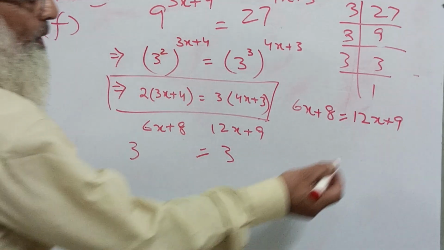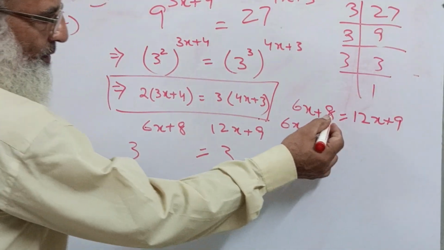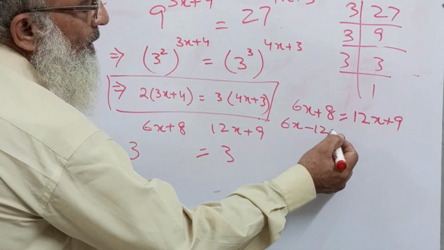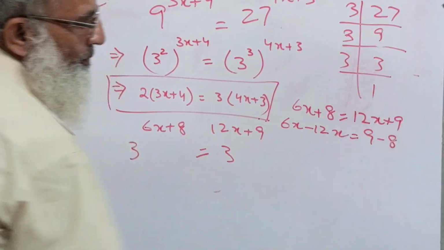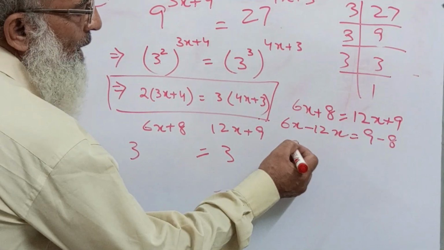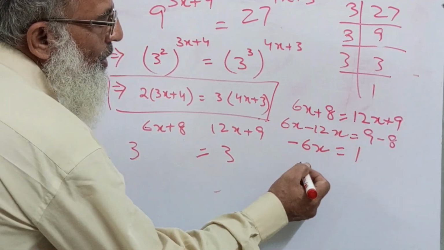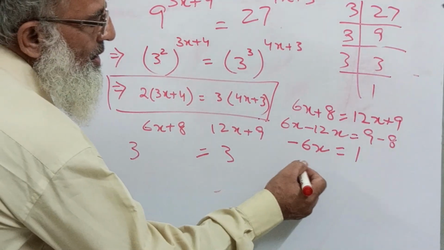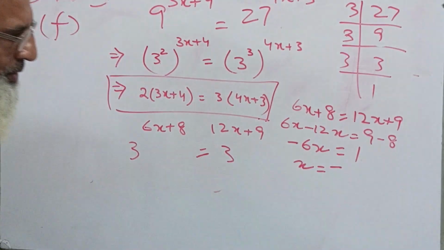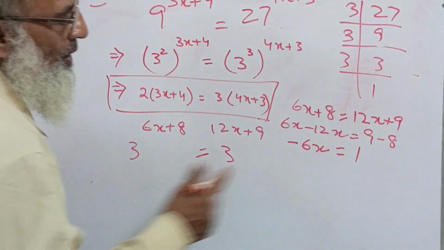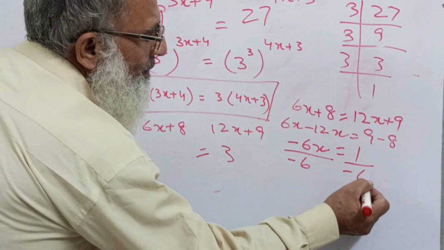Okay, bring this 12x over here, 6x minus 12x, and shift this 8 from here to here. That will become 9 minus 8. Now this will become minus 6x equal to 1. So x is equal to, let me do it in detail, we divide by minus 6 on both sides.